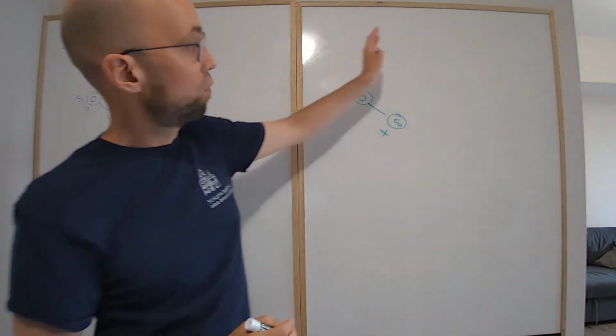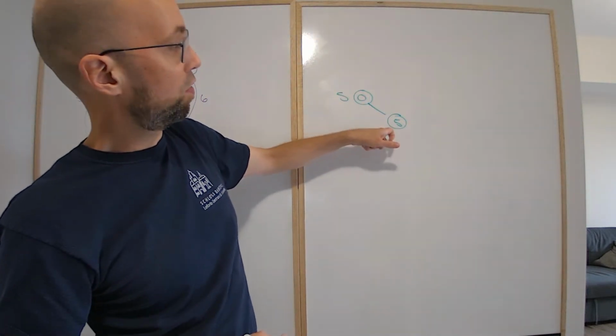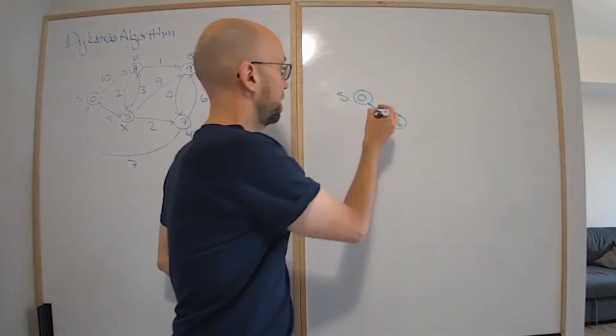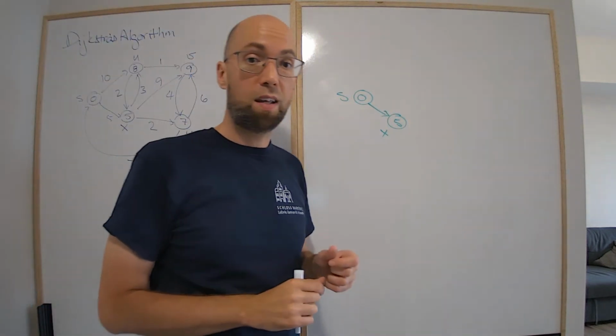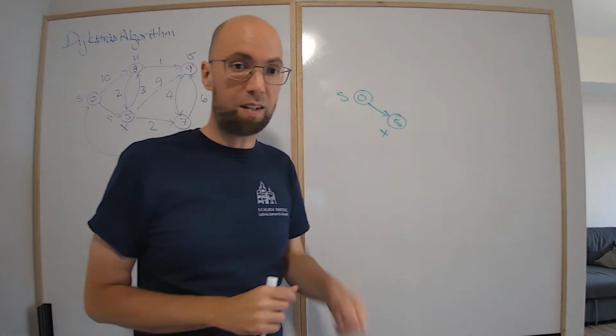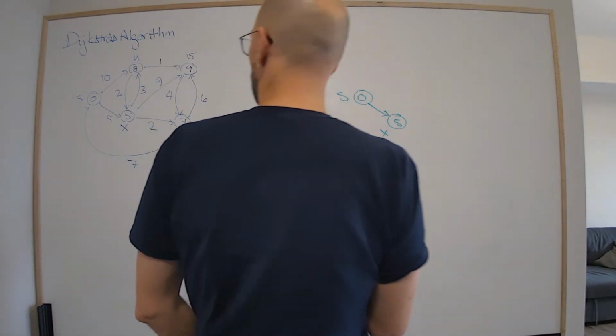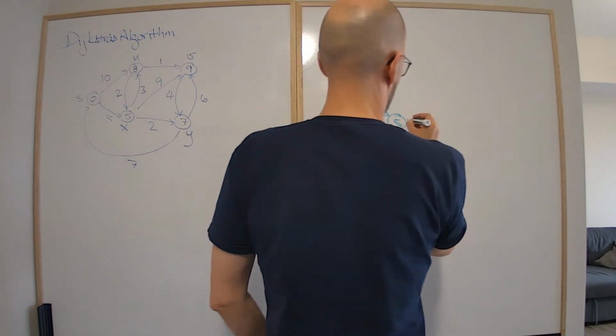And then we update the estimates of all of the things which we can reach from X. And we take the smallest and we fix that distance and we add it to the tree.